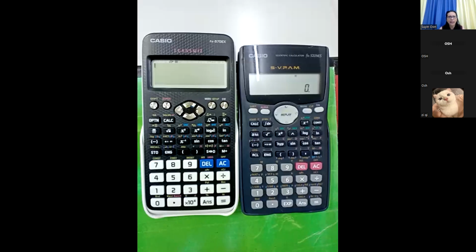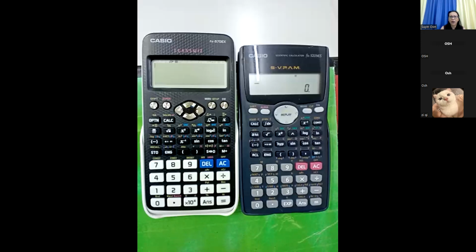First of all, if you are using EX, plus, minus, times, divide should be no problem for you. What I'm trying to show you is using your calculator with fractions. Fraction means pecahan, 分数.